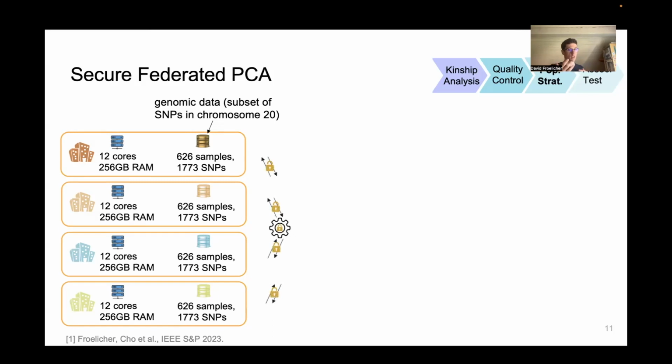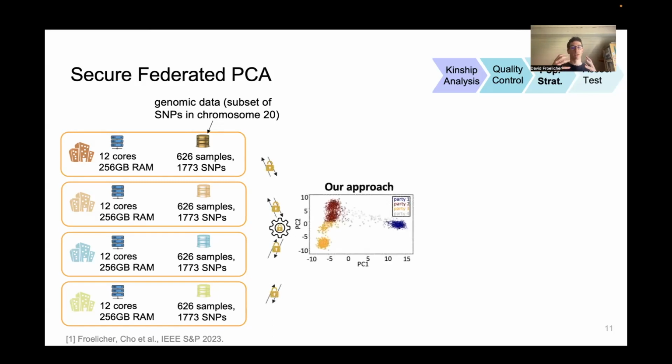So the parties exchange encrypted information in order to get the final result without learning information about the other parties' data. This final result is here shown as a projection on the first two principal components.